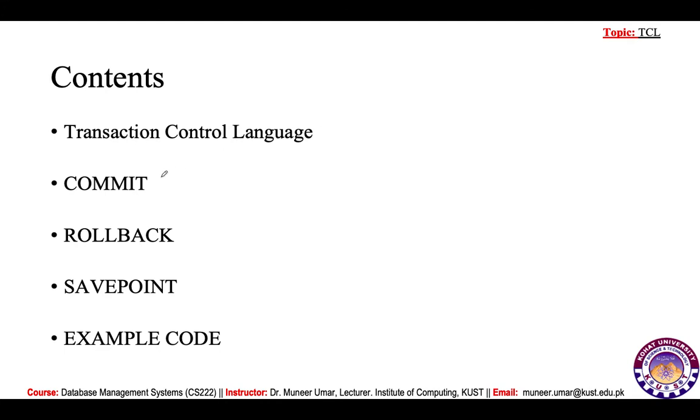Then we will have a look into the commit statement, the rollback statement, savepoint, and at the end we will have some example codes. These three are used in SQL TCL as statements. We have already studied about these in our previous lecture, which was about transaction management.